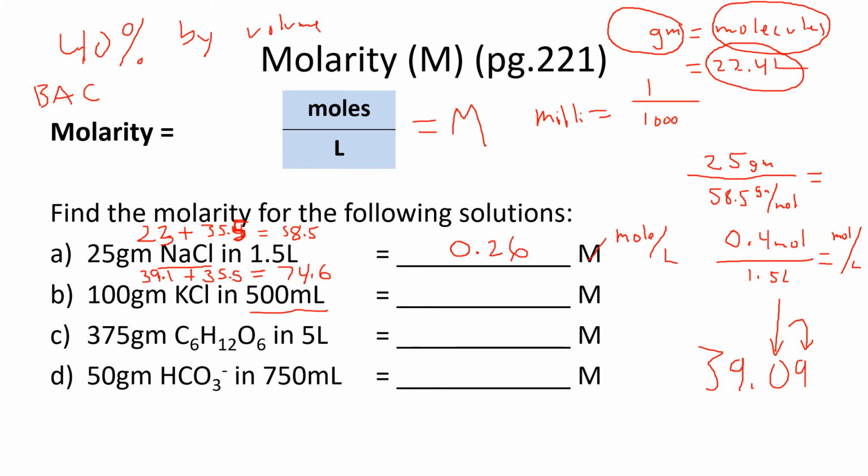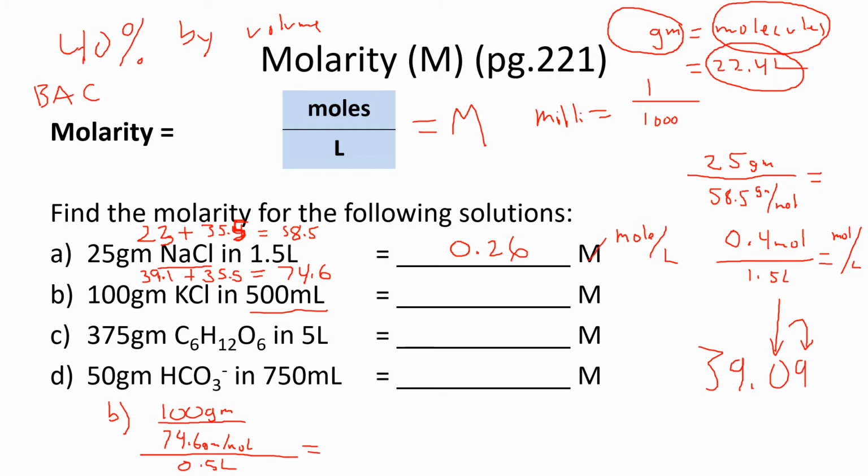So let's do B. We have 100 grams of potassium chloride. The molecular mass is 74.6 grams per mole, and the volume is 0.5 liters.